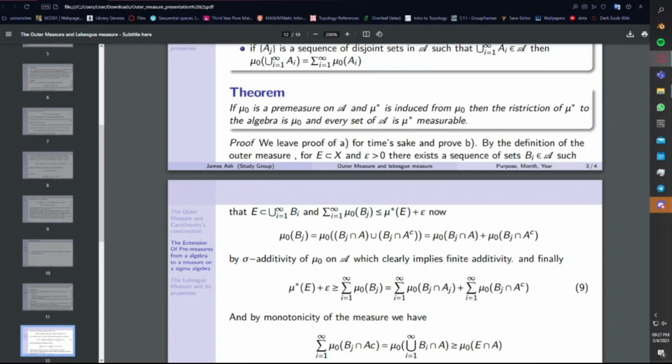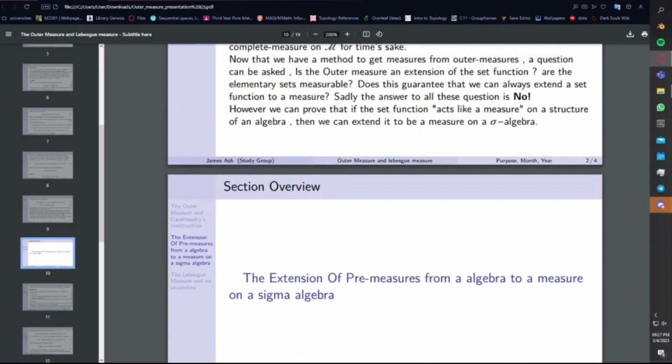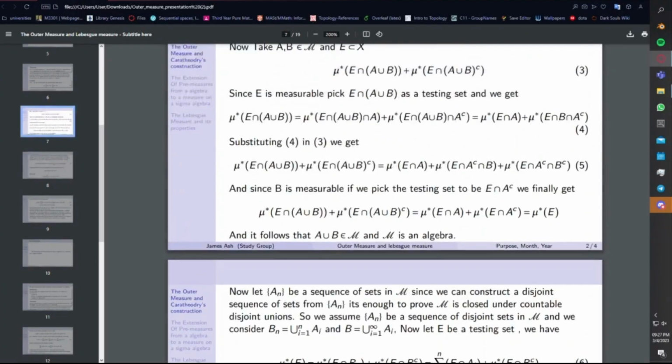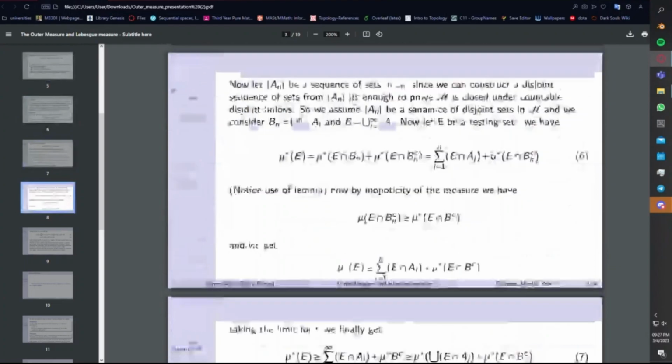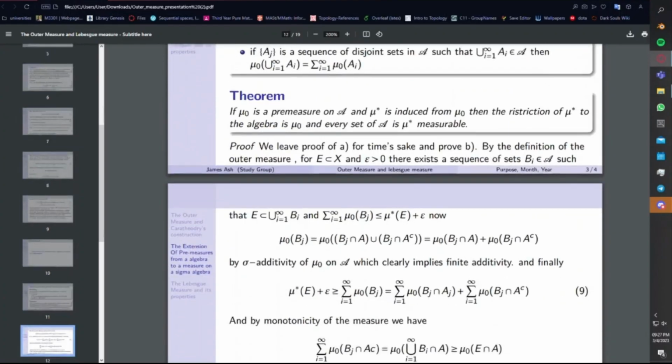And just like I said above, we can write every set E as the intersection with A plus the intersection with A complement. This is what I mentioned in the idea of measurability, where if you take the union of this set with this set, you get the set T. And we can use this fact in the proof here.